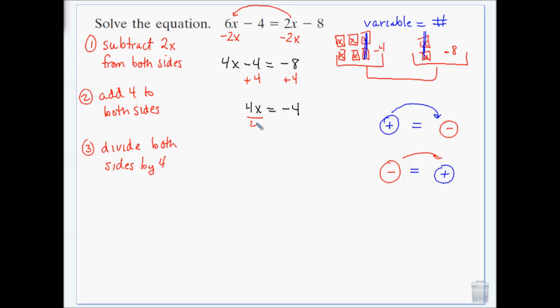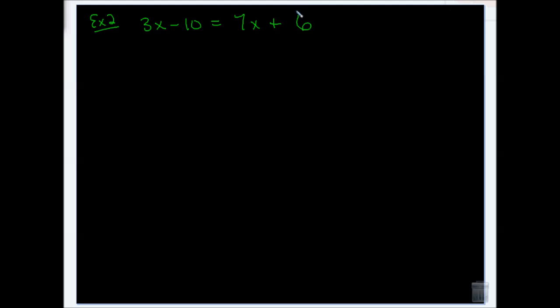So I divide this by 4 and I divide this by 4, so I get x equals -1. We have to decide. Some people prefer that their variables are always on the left.